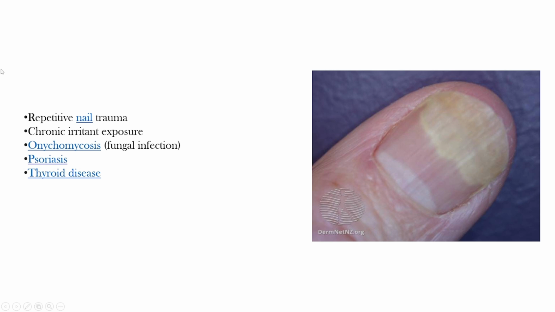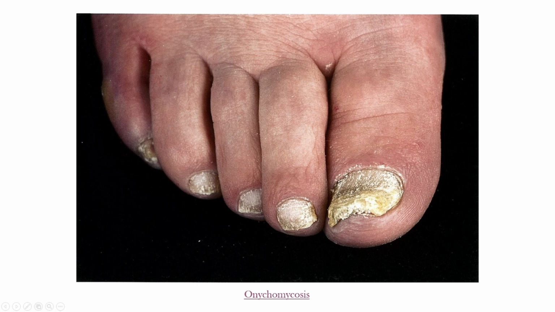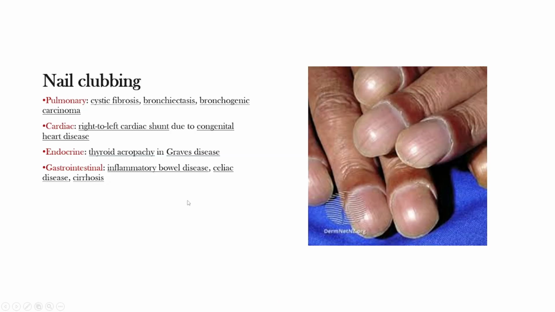There is a separation here. We will see it in a couple of conditions like repeated nail trauma, chronic irritant exposure, onychomycosis, which is a fungal infection, psoriasis, and thyroid disease. This patient here, as we can see, has a nail separation as well as onychomycosis infection.